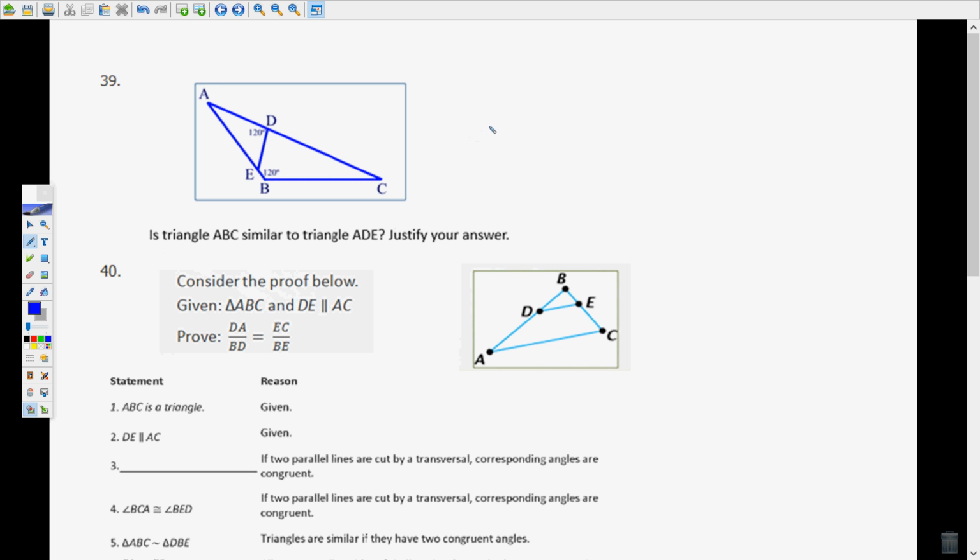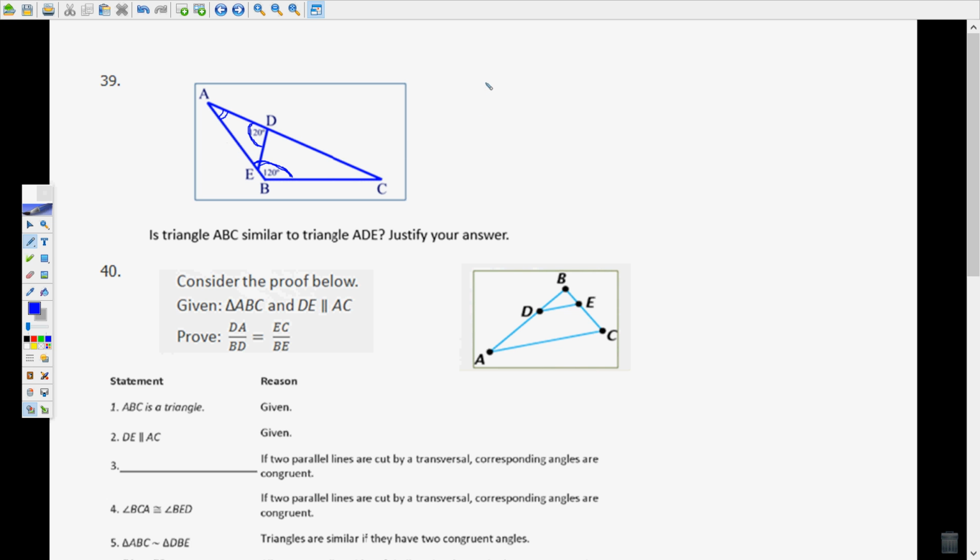Here's the question. Is triangle ABC similar to triangle ADE? Justify your answer. Triangle ABC is the large triangle here, and triangle ADE is the smaller triangle here. You will notice that both triangles have an angle that is 120 degrees. Do you see? They also each have an angle here, angle A, that they share.